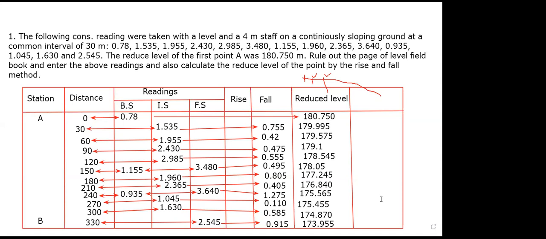When you see the first value is 0.78 and the next value is 0.35, that means वहां पे राइज नहीं हो रहा है, वहां पे फॉल हो रहा है. जहाँ पे वैल्यू बढ़ जाए वहां पे राइज हो जाएगा. So that means the difference will go to the rise portion.